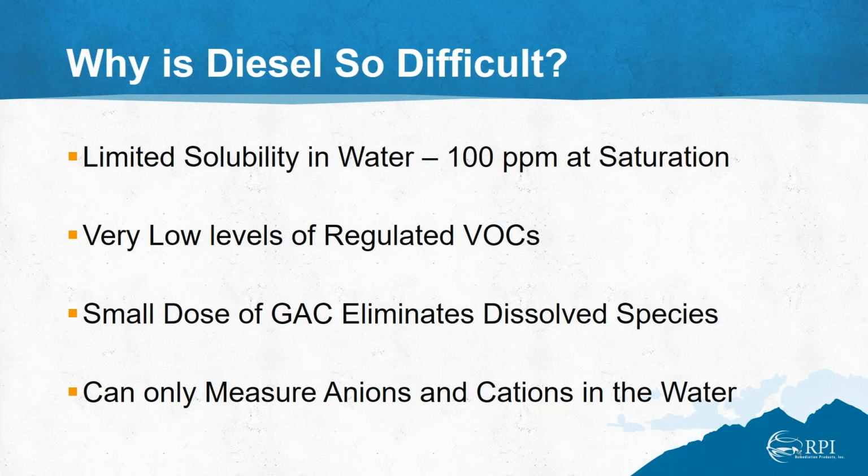There are, as we all know, very low levels of regulated VOCs. The benzene, toluene, ethylbenzene content in diesel is very, very low. So most of the diesel fuel is normal alkanes. There are branched alkanes as well. There is some aromatic content in it, but for the most part it's very low.